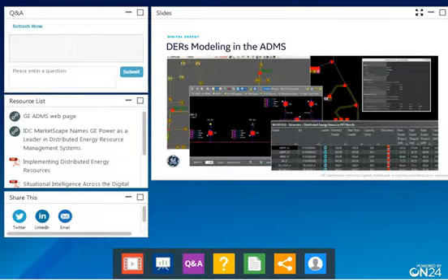So that's the modeling and awareness within the ADMS. And that modeling, of course, needs to be consistent with what you had captured within your GIS. So there needs to be the right process to move the data from one system to the next and all the consistency workflow around that.